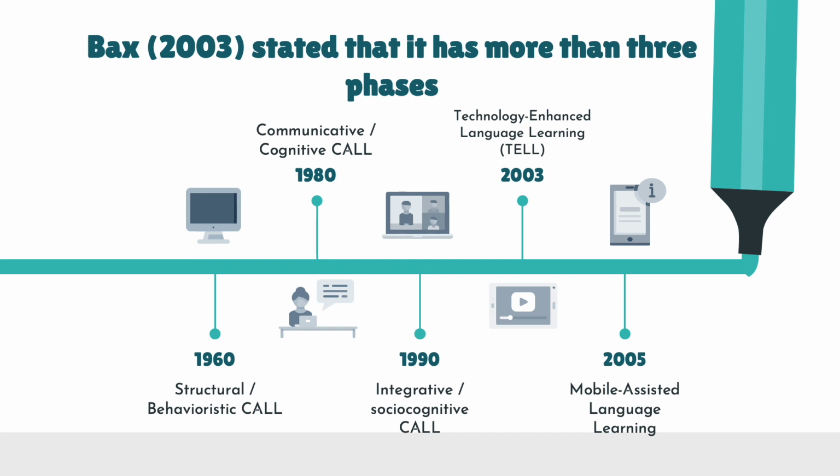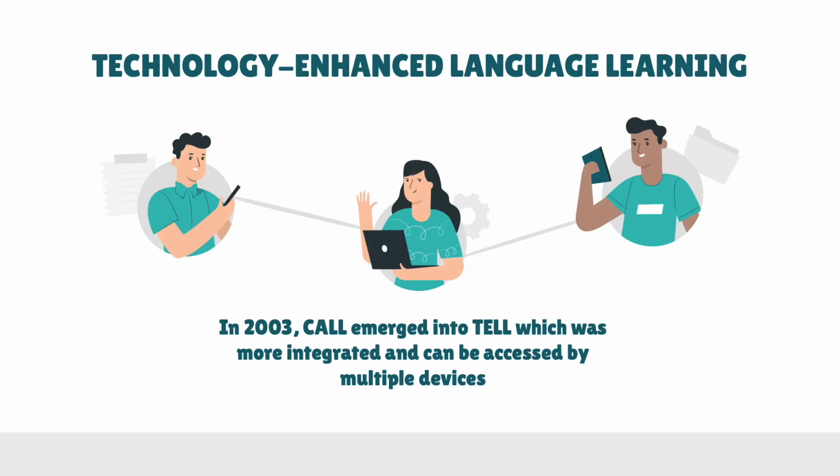Okay, now we move on to TEL, or Technology Enhanced Language Learning. So in 2003, CAL emerged into TEL, which was more integrated and can be accessed by multiple devices. So if CAL is called computer, well, TEL is called technology, because now information is not only accessed by the use of computer, but any devices which is connected to the internet.